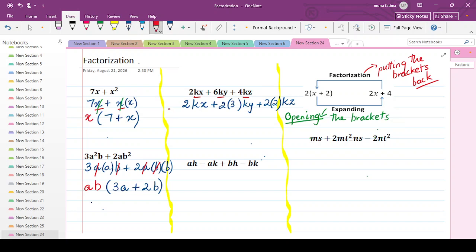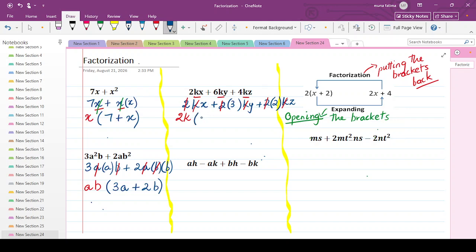Now, it is obvious that we have 2 common in all the 3 terms. We also have k common in all 3 terms. We're just going to write down the common term which we found, which was 2k. And a reminder, the common term has to be common for all the terms given. And we write down what is left.